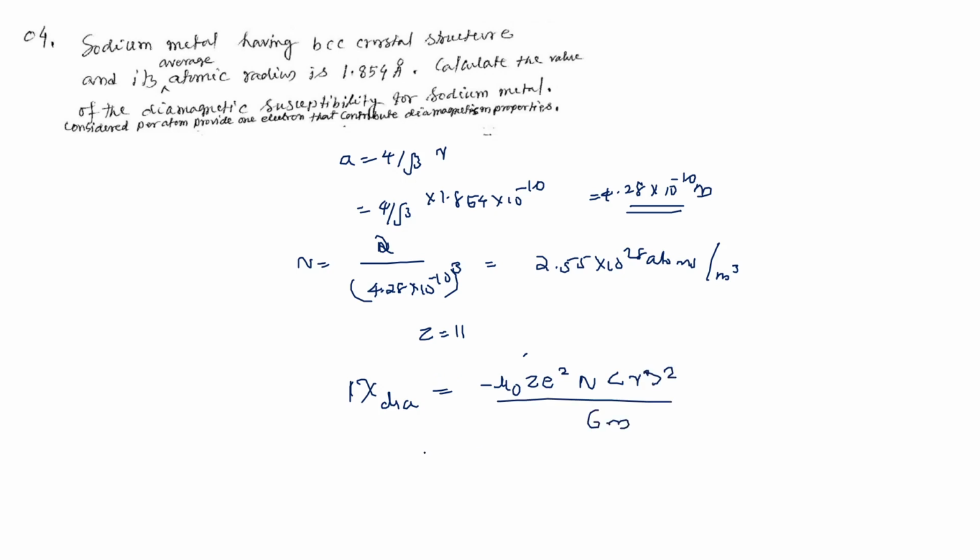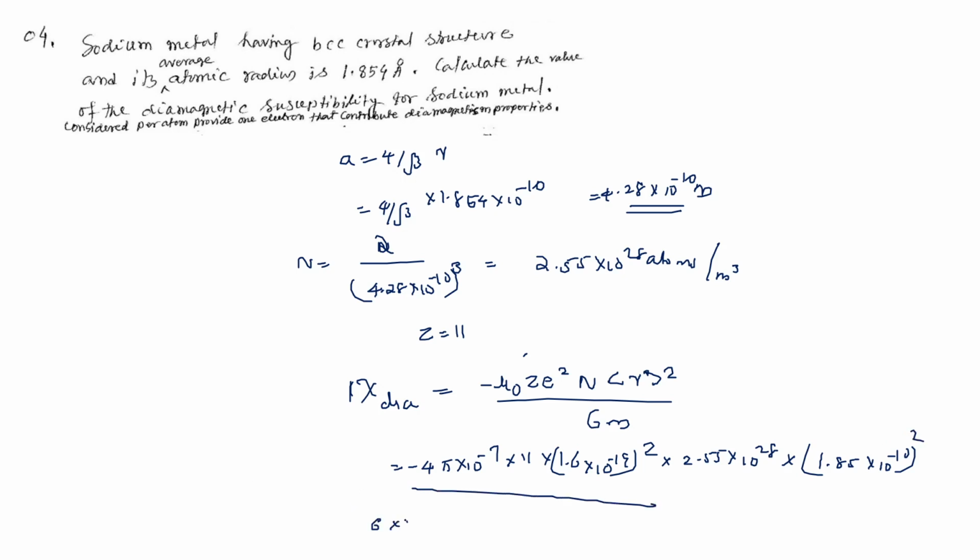The mass m is given, substitute all the values: minus 4 pi into 10 to the power minus 7 into 11 into 1.6 into 10 to the power minus 19 whole square, and the n value we have found, that is 2.55 into 10 to the power 28 into 1.85 into 10 to the power minus 10 square, whole divided by 6 into 9.1 into 10 to the power minus 31. So you will get the answer minus 5.68 into 10 to the power minus 5. So that will be the correct answer.